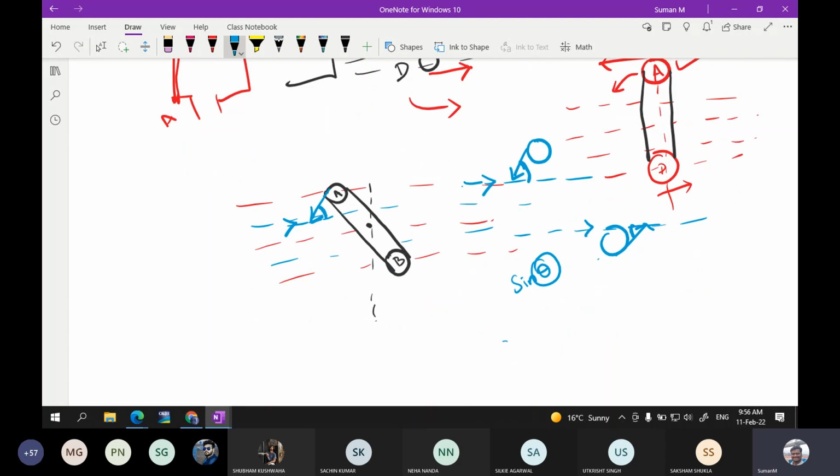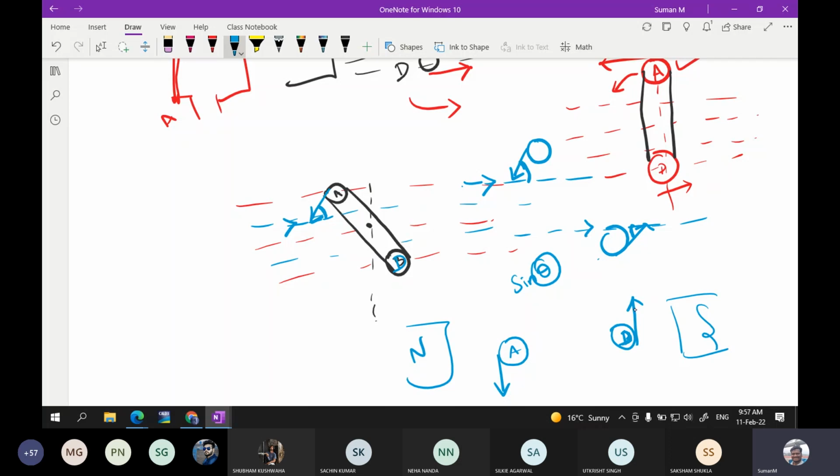Then if you consider the conductors like this, A and D, your north pole is here and your south pole is here. Then this conductor A is going to rotate in this direction. This conductor D is going to rotate in this direction, with this velocity.